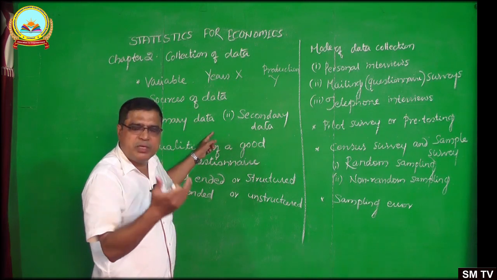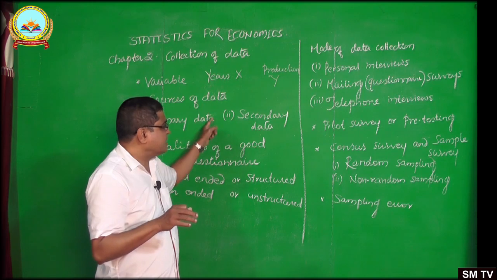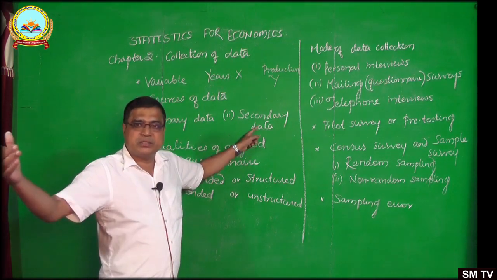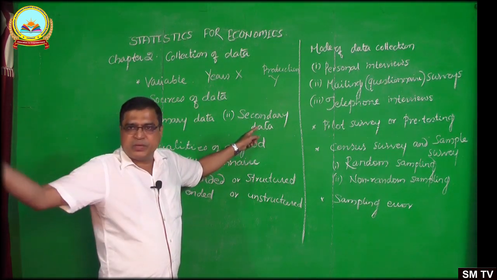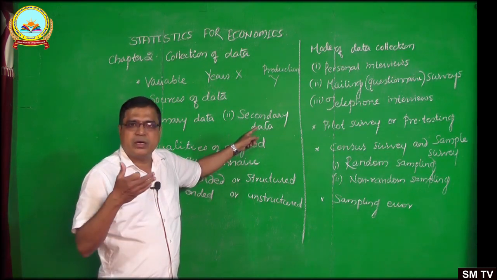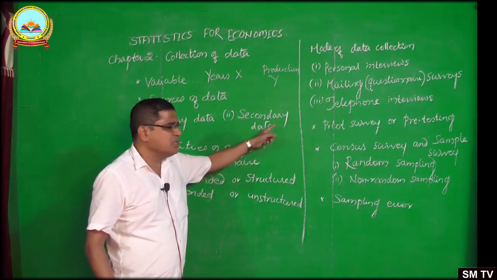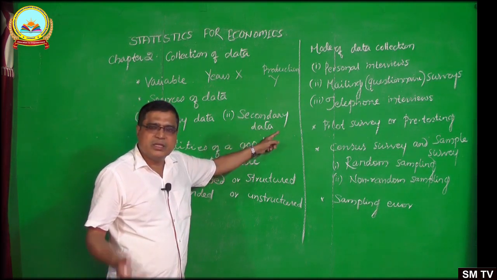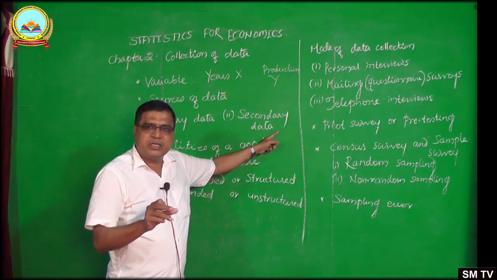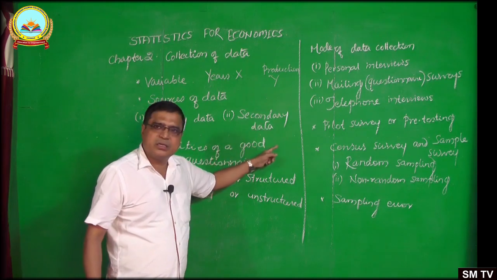It may be published or unpublished, but that data is used by somebody else for different works, research works, surveys or studies, and that is called secondary data. That means the primary data which is used by somebody else is called secondary data.